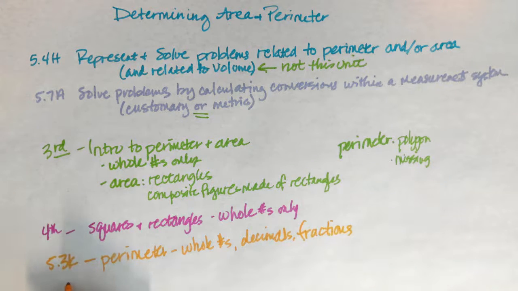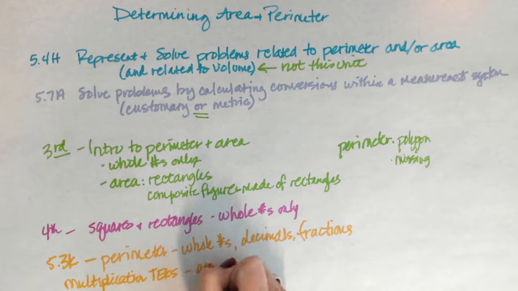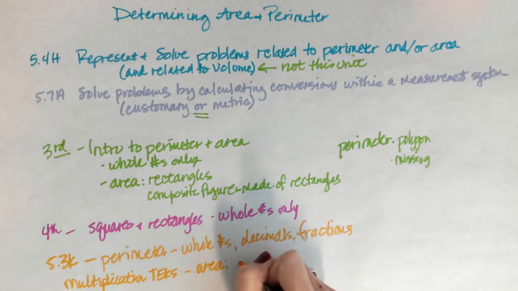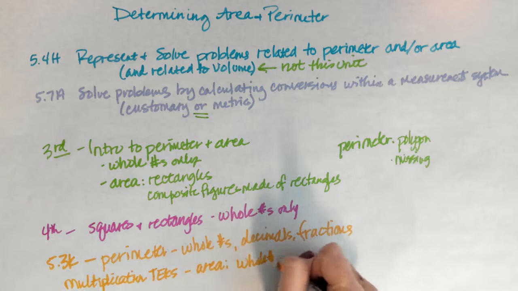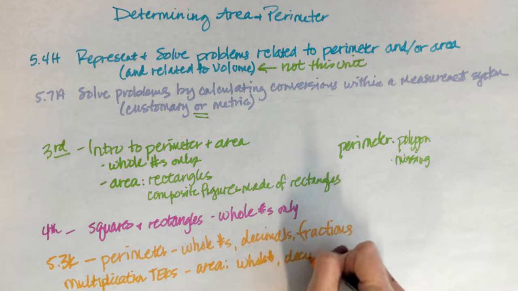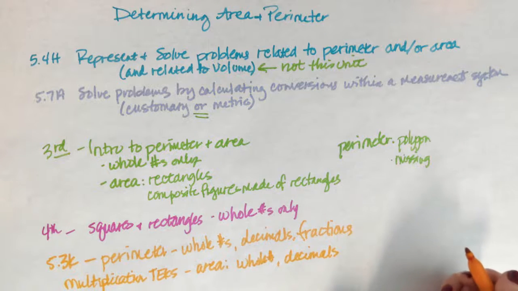And then if I think about our multiplication TEKS, I'm running out of room. And I'm not listing them because it's more than one TEK. I can think about area could be whole numbers, decimals, and we haven't seen it tested with fractions.